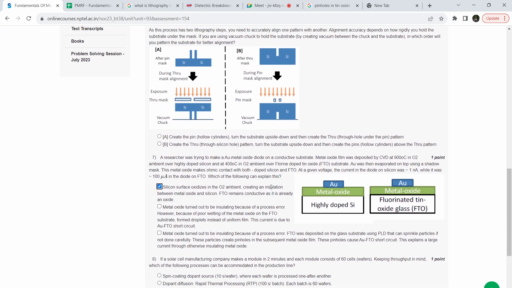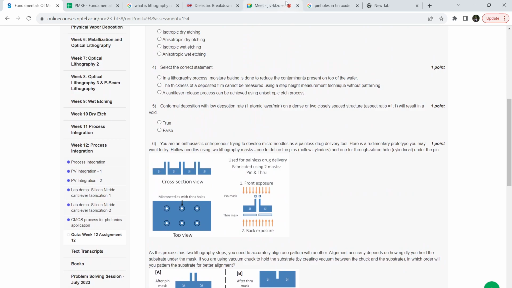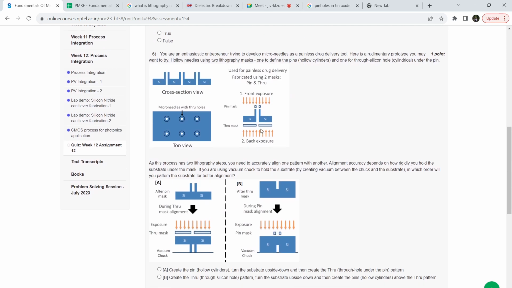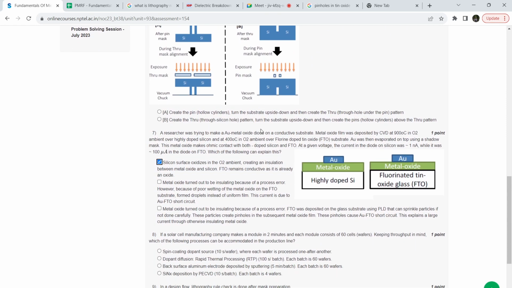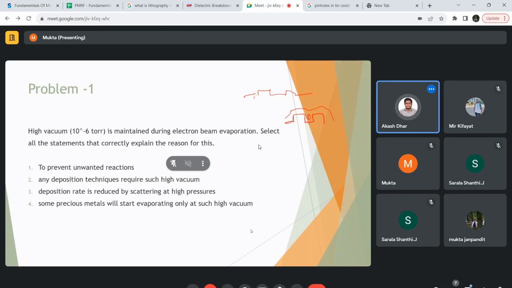The first part is in the lecture, but the second part is not in the lecture. It's nowhere there, like how FTO deposition is done. It's nowhere in any of the lectures from start till the end. Not in the latest ones, like week 12, also. Okay, I'll let you know. Thank you.